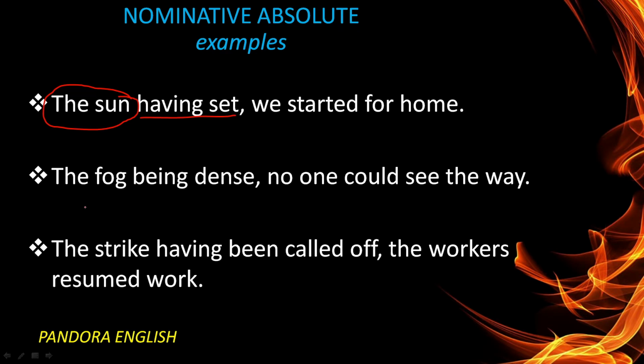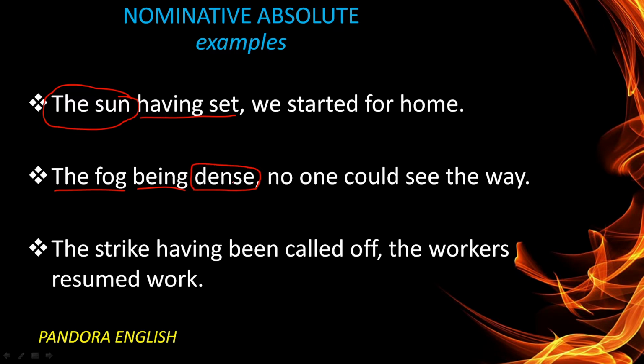If we look at the second example, the fog being dense, no one could see the way. Here, the fog is the noun, being is a participle which takes an adjective dense after it.